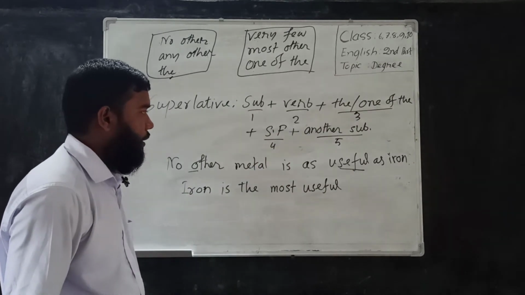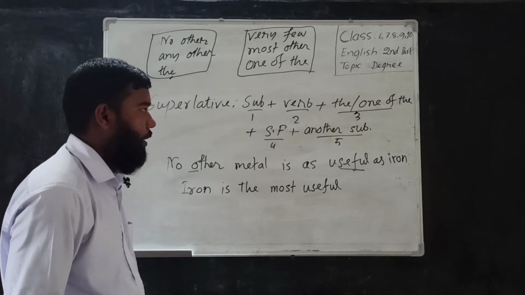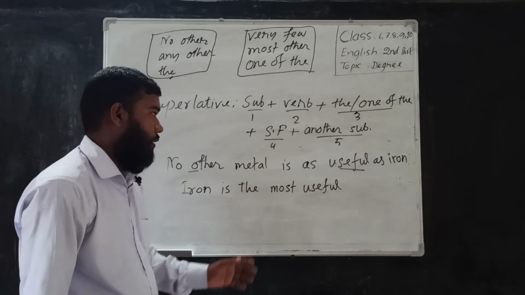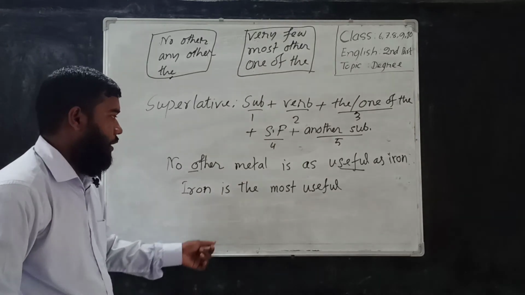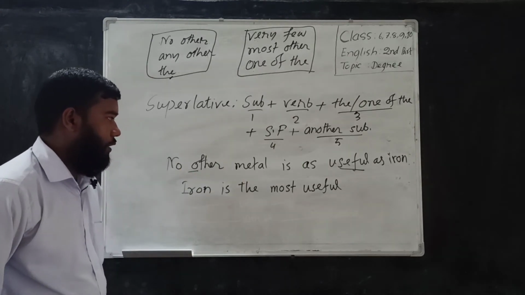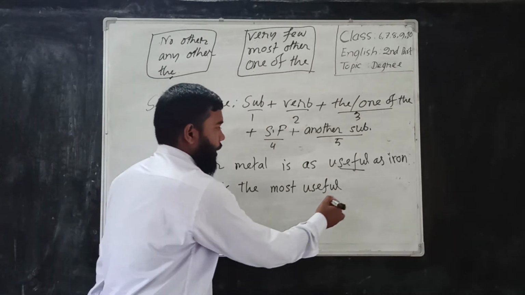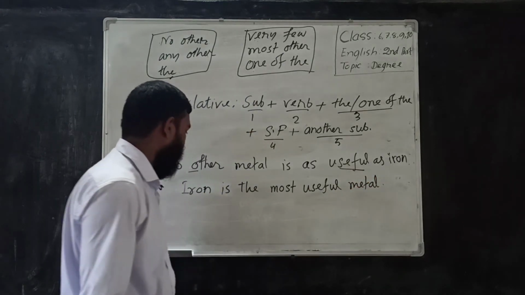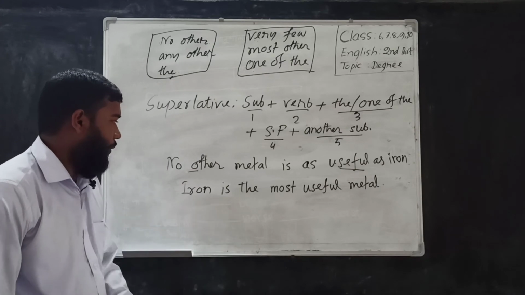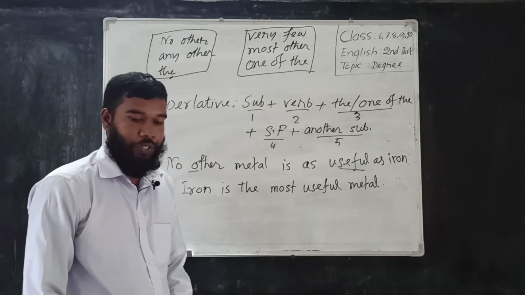And last and final step, step number 5, another subject. Find out another subject. As we have taken iron as subject, we have another subject in the sentence. It's a metal. Okay, the answer is iron is the most useful metal.